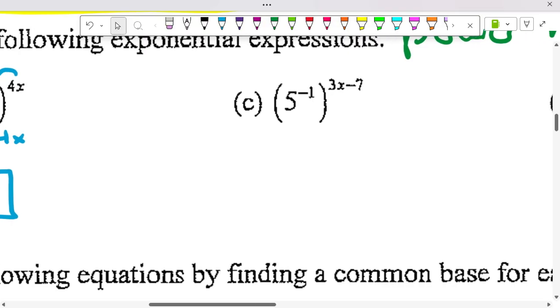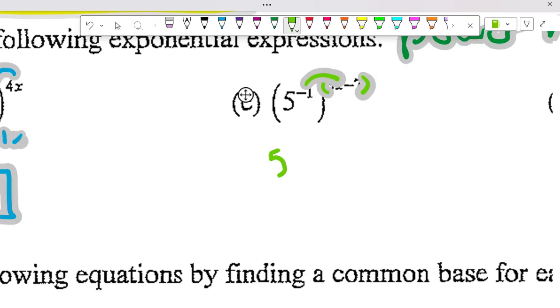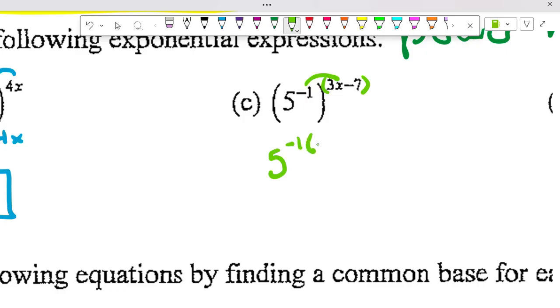All right, now, be careful with this next one because it's an expression. So we're not going to break apart this expression. We're going to pretend like there's parentheses around it. So when I multiply these together, it's the same thing as it looking like this. So 5 raised to the negative 1 times 3x minus 7. Which, if you forget the 5 for a second and you just look at this expression, what's your instinct to do with that expression?